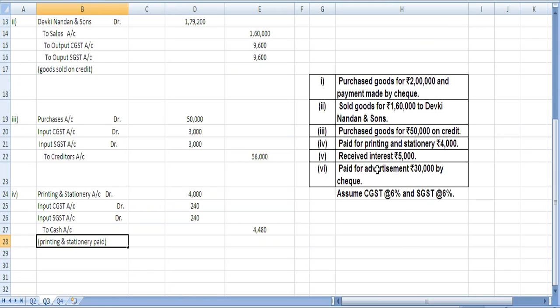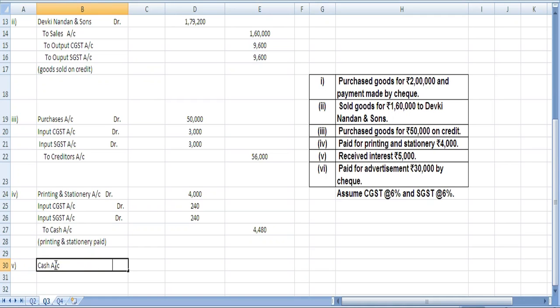Next we have received interest, number 5. Now since received interest is income, what we will do is we will credit the output CGST and output SGST. This also is received in cash because nothing is written there.